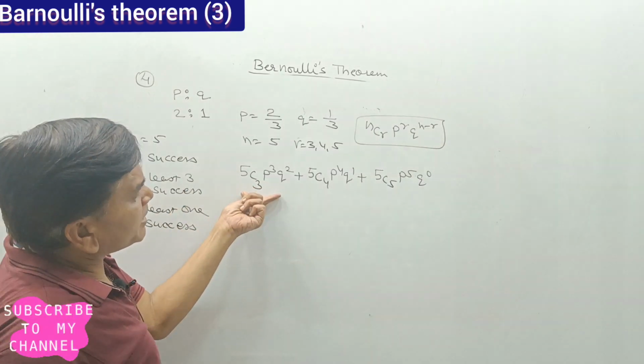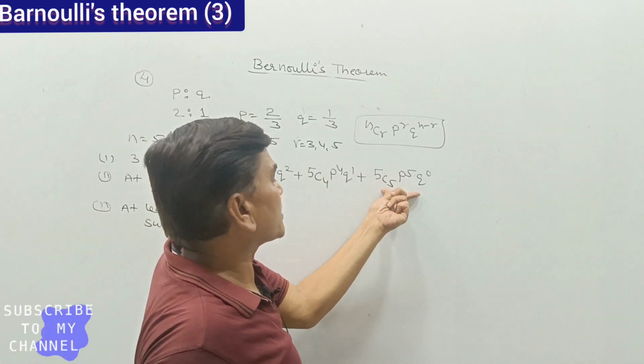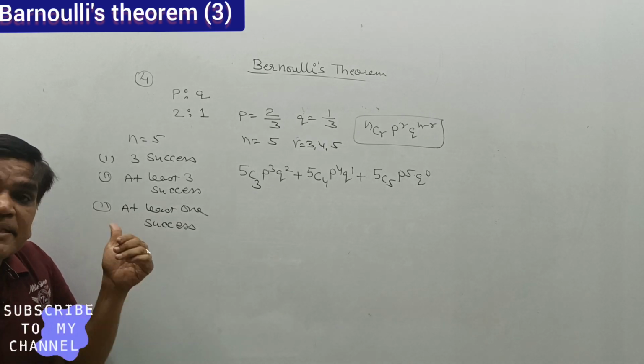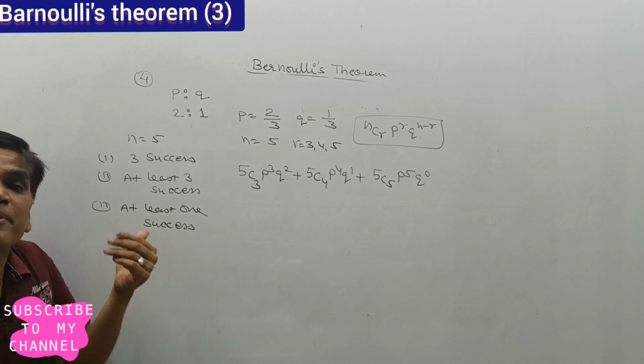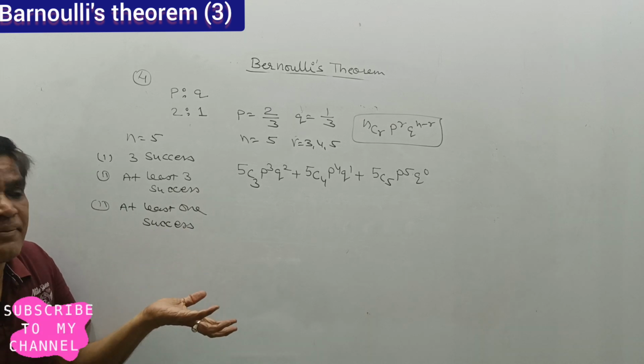This is the probability of 3 successes, this is the probability of 4 successes, and this is the probability of 5 successes, because the question is at least 3. More than 5 is not possible because the total number of trials is 5.